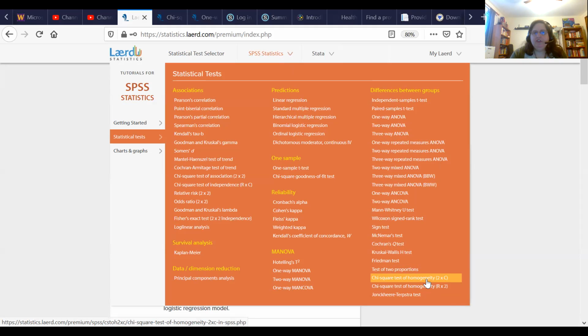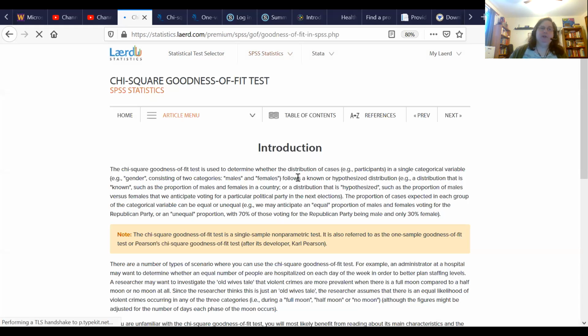There's a chi-square here for association, a chi-square here for independence, and the one we're interested in right now is right here, middle column under 1 sample, chi-square goodness of fit test. Again, it's almost the middle of the whole thing, middle row under 1 sample. Okay, here we go.